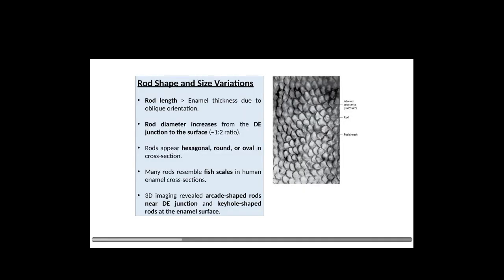Rod length exceeds enamel thickness due to their oblique orientation. The diameter increases from the dentino-enamel junction to the surface, approximately doubling. Cross-sections show rods as hexagonal, round, or oval, resembling fish scales. 3D imaging reveals arcade-shaped rods near the junction, and keyhole-shaped rods at the enamel surface.